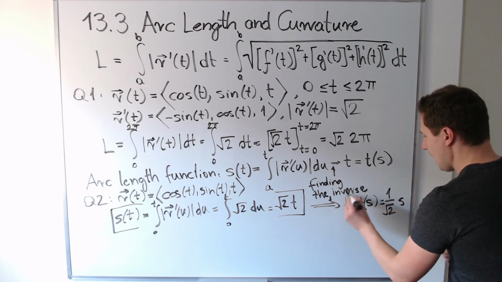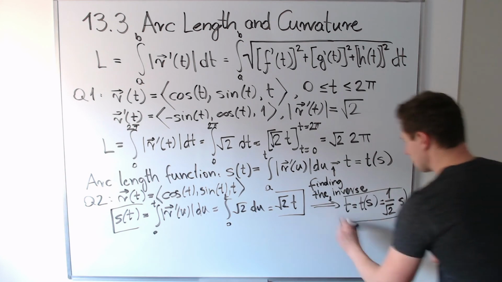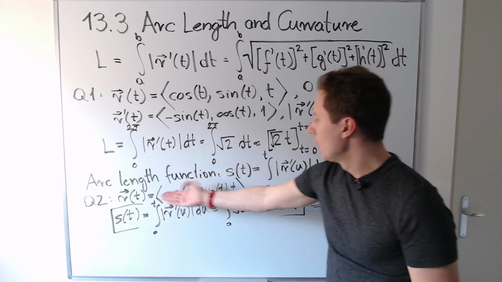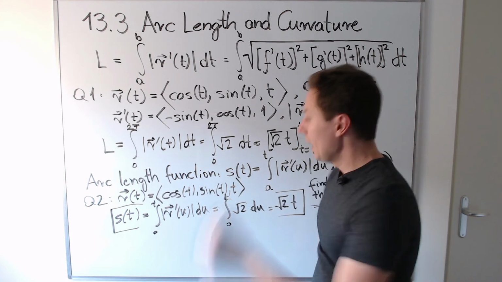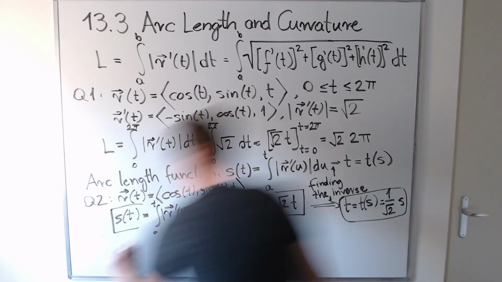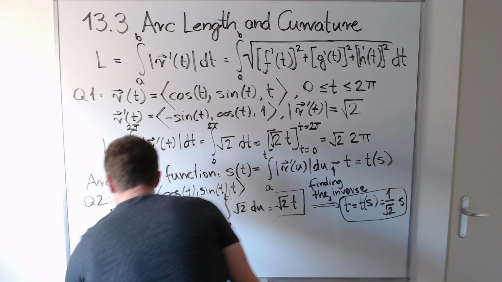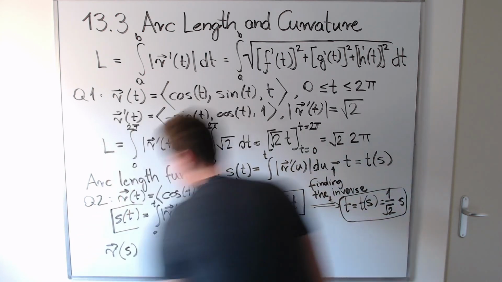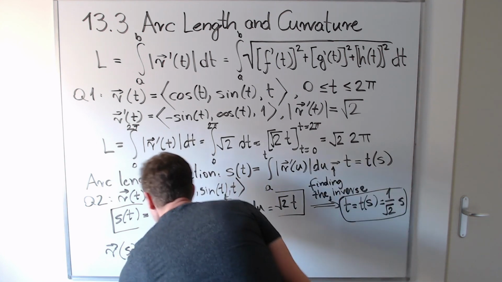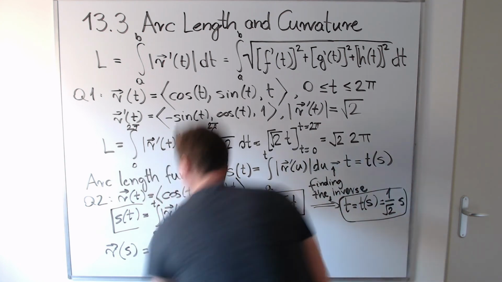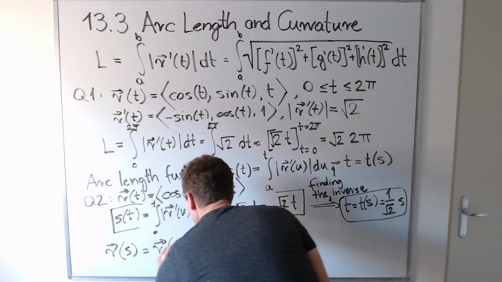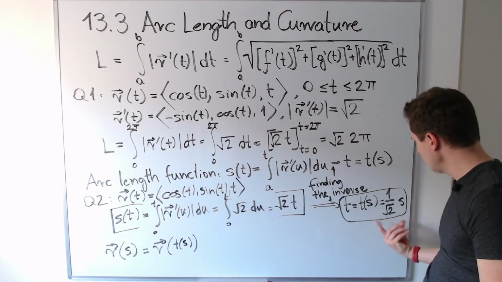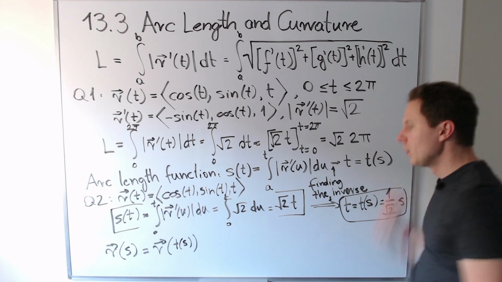So now we have t expressed as a function of s, and now we can go back to our original vector function and have its parameterization by arc length. So that's parameterizing by arc length, meaning that we substitute for t this function t of s, which in this case is a very simple function. It's just 1 over root 2 times s.